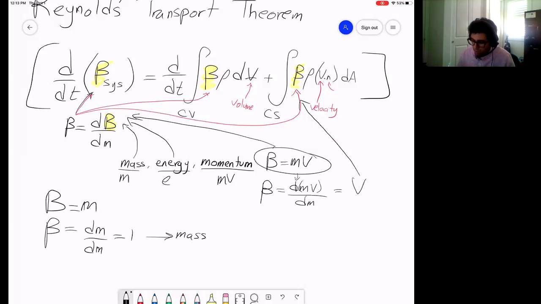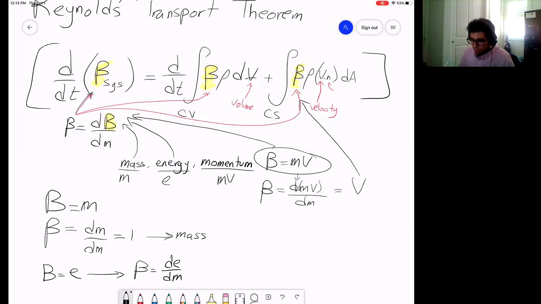What about energy? B is equal to E, energy, not beta. What is beta? dE over dm. Exactly.